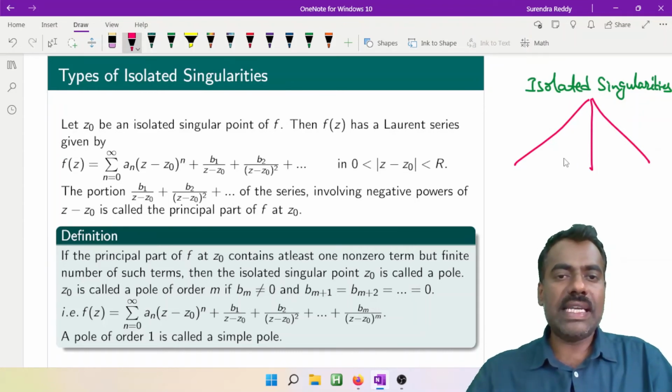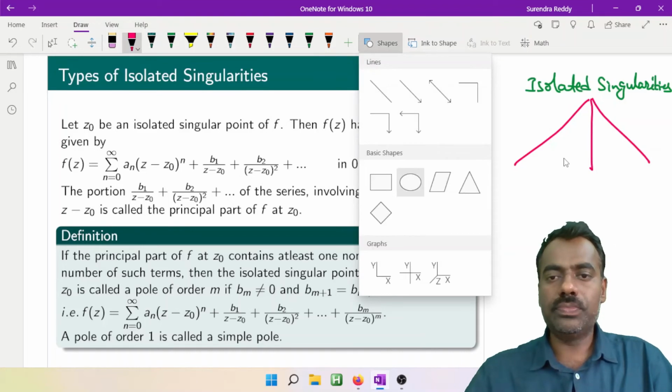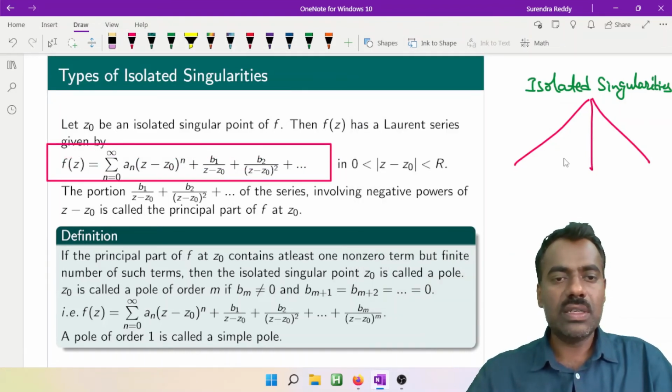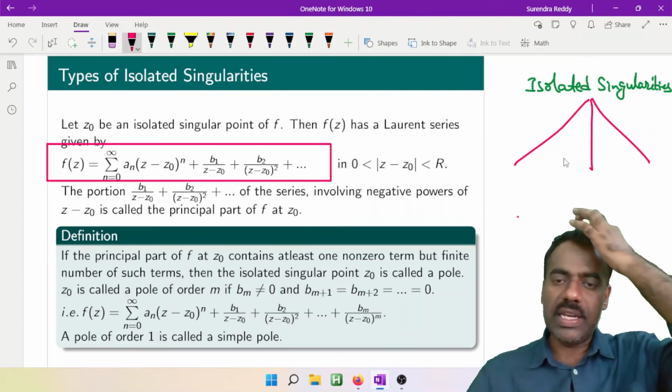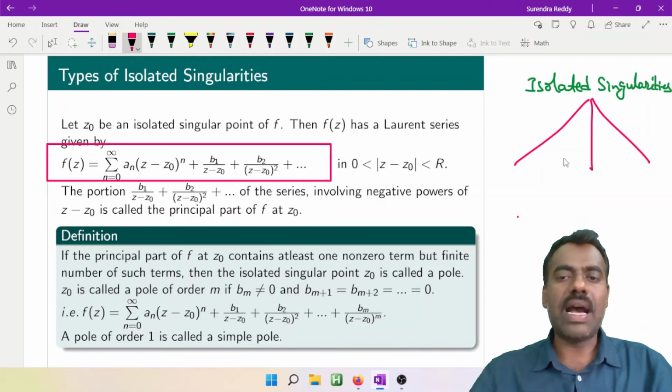Because this z naught is an isolated singularity, you write f of z in this form. Okay, so this is the f of z, where our annular region is 0 less than mod z minus z naught less than r, for some r, right?